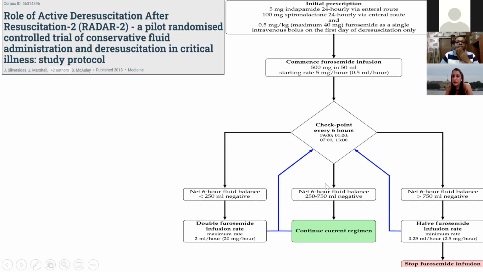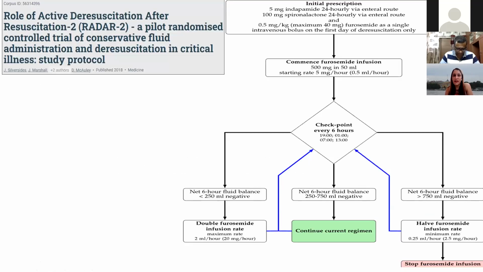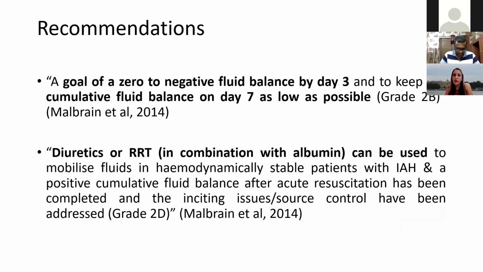If there is 250 to 750 mL of negative fluid balance over the 6 hours, then continue with the current regimen. And if there is a higher amount of negative fluid balance, more than 750 mL in 6 hours, then we have to halve the furosemide dose, that is around 2.5 milligram per hour. So this can be routinely used in our ICUs.